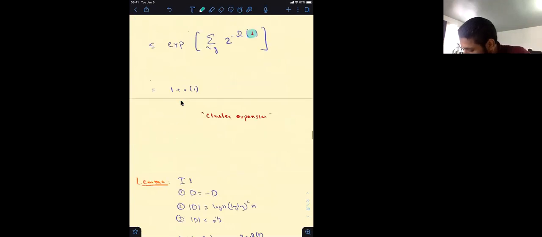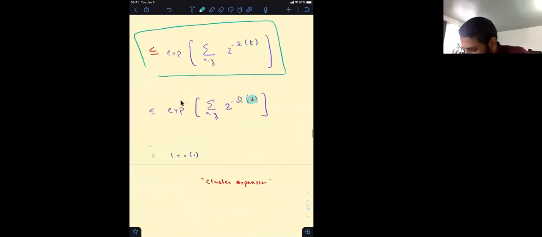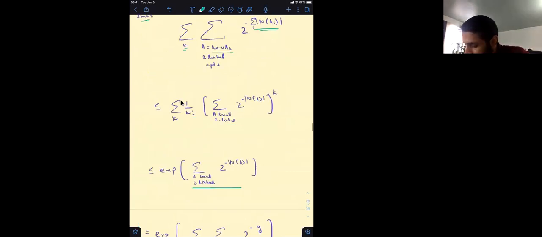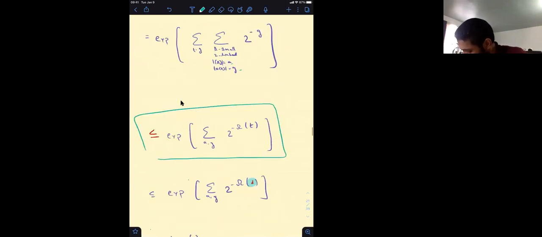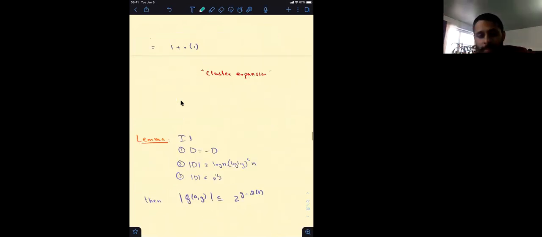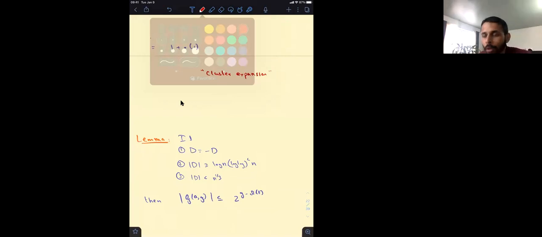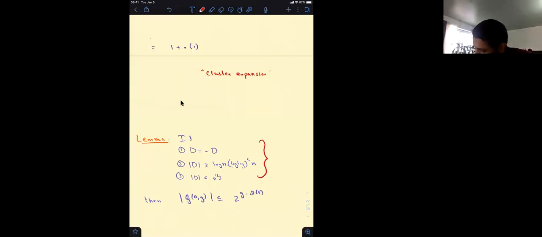Yeah, I hope this part is clear, that the lemma implies that what we want is small. All that's left is to prove the lemma, except I haven't even stated it properly. And this is the precise formulation: if D satisfies some properties, then the size of script G of A, G is at most 2 to G minus omega T. These are a lot of conditions, but the main point is to not be bothered by them, because in the way the problem is set up, these are basically without loss of generality.